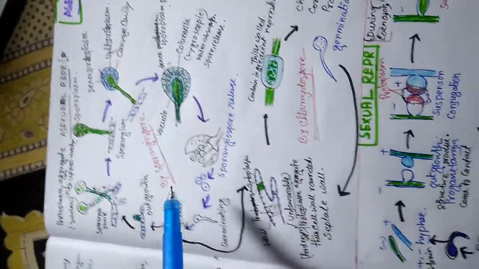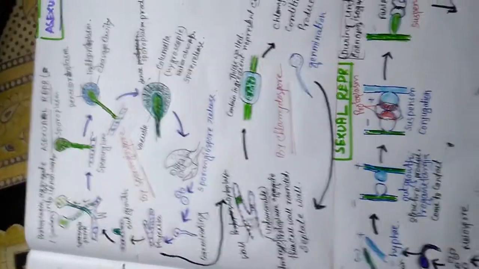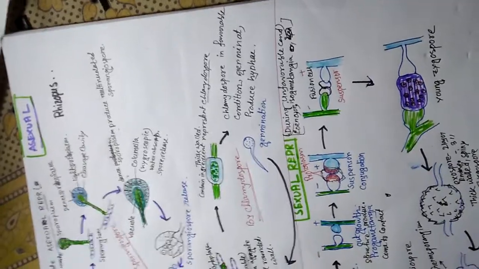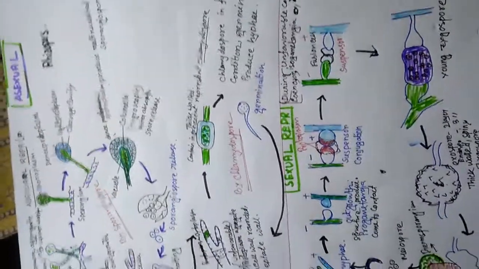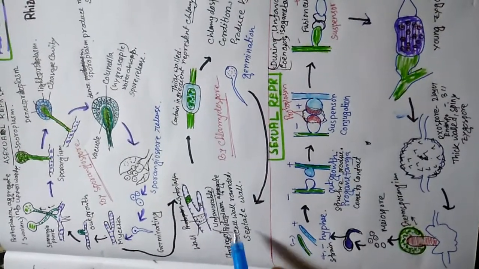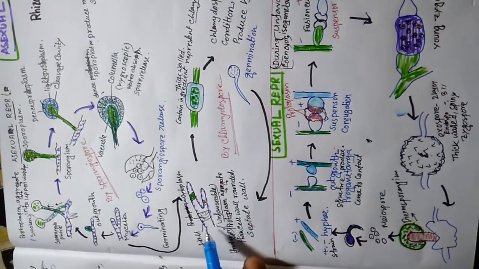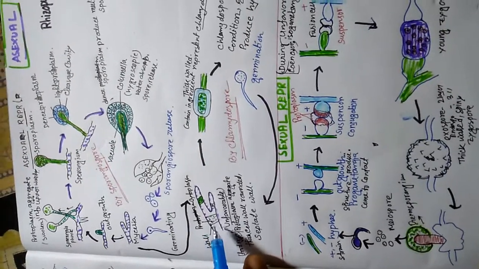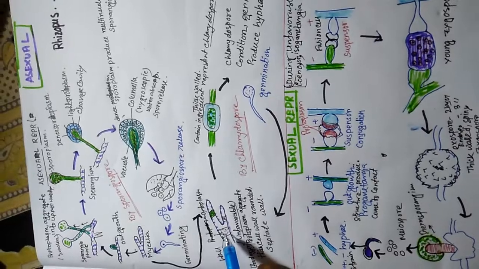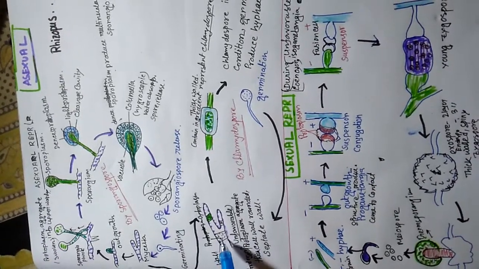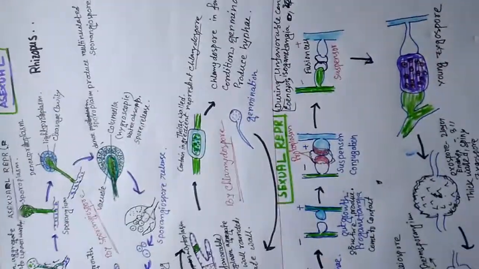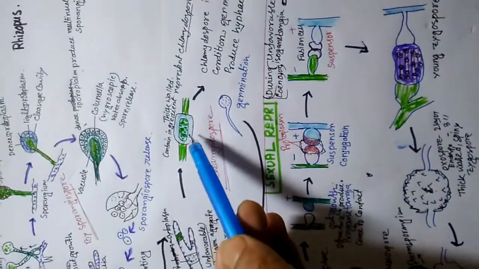This is asexual reproduction by sporangiospore, and another is by chlamydospore. When unfavorable conditions come, the protoplasmic material aggregates and a thick wall-like structure is formed, and a septum is formed. The cytoplasm or protoplasmic material is contained here.